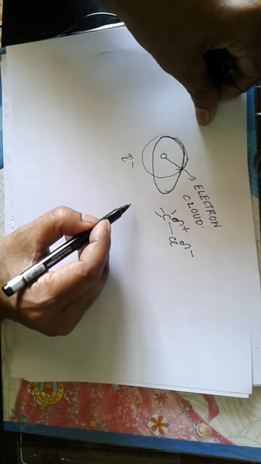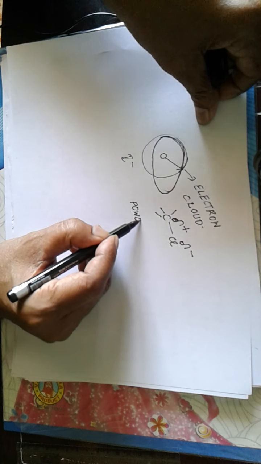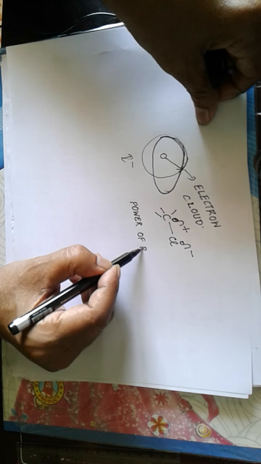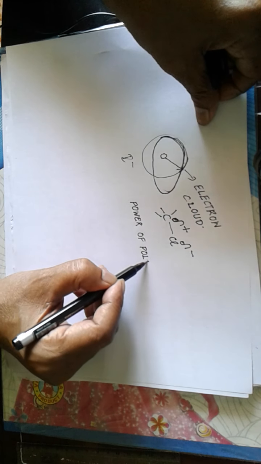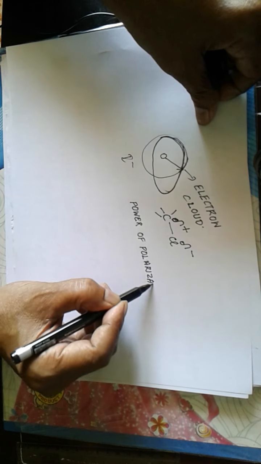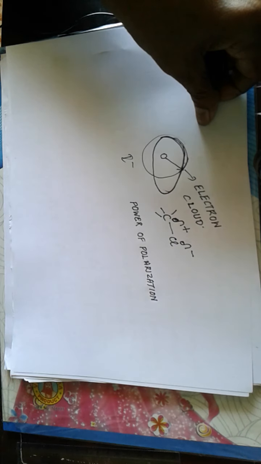Now the ability of a positive ion, fully or partially positive, to distort the electron cloud of a negative ion is called power of polarization. So power of polarization, or polarizing power, is the ability of a positive atom to distort the electron cloud of a negative ion.